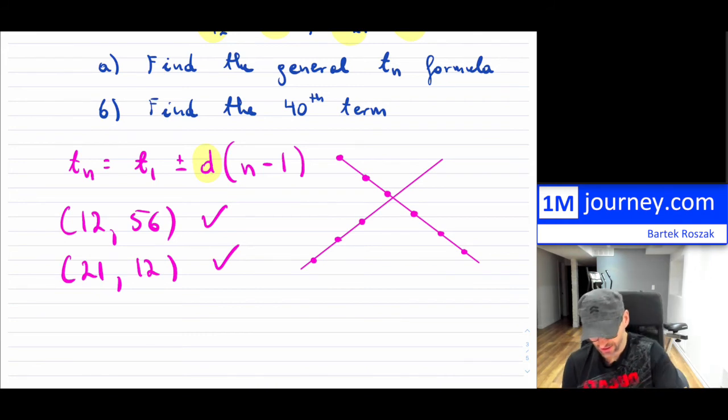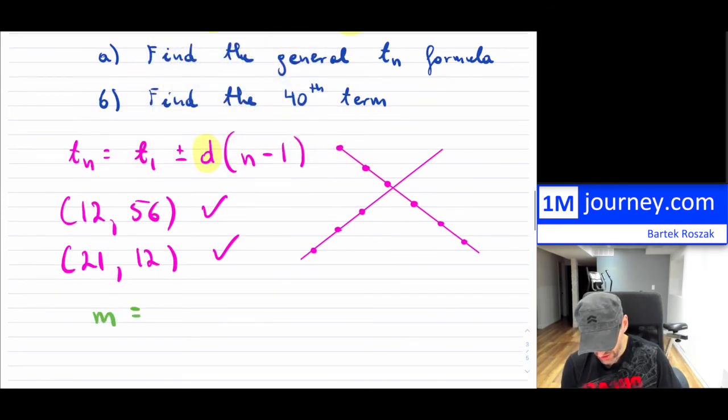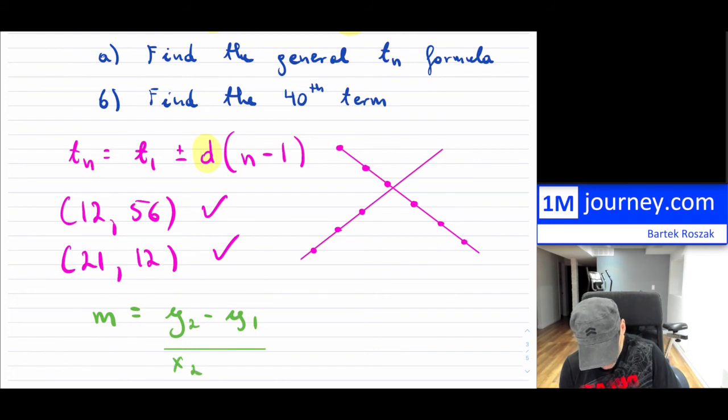So let's do that. So recall. So you can now use your stuff that you've learned about lines. So the slope, well, what was the slope? The slope was rise over run, right? So let's say, you know, y2 minus y1 divided by x2 minus x1. So this is nothing else but rise over run.